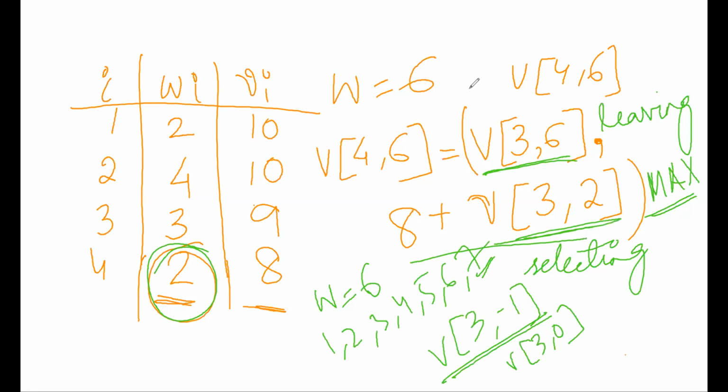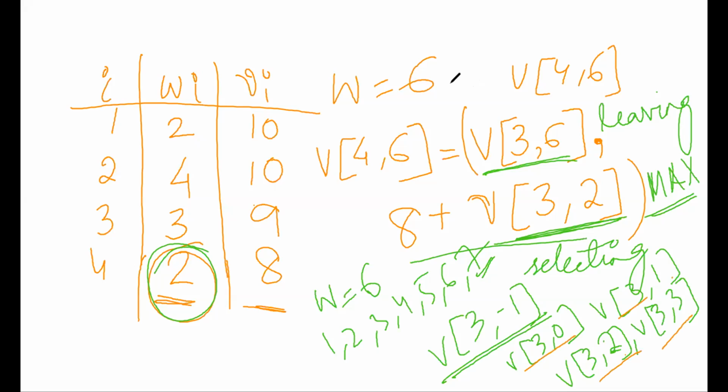If it was 5, V of 3, 1. If it was 4, V of 3, 2. If it was 3, V of 3, 3. So what I'm getting on the right hand side might not be the same. It depends on the weight of the item. So to calculate 4, 6, I might need 3, 0, 3, 1, 3, 2, 3, 3, 3, 4.